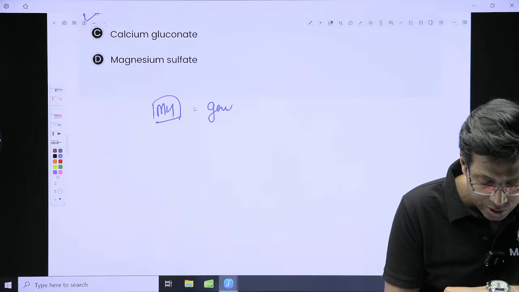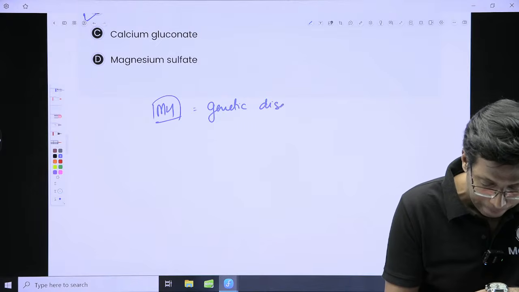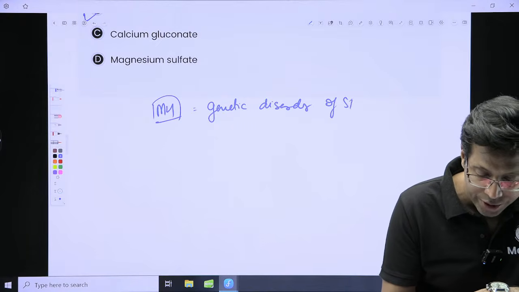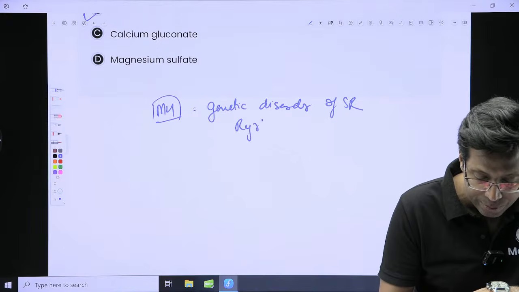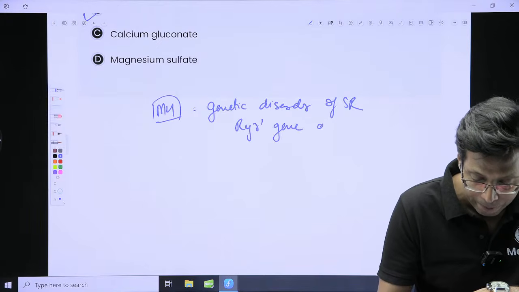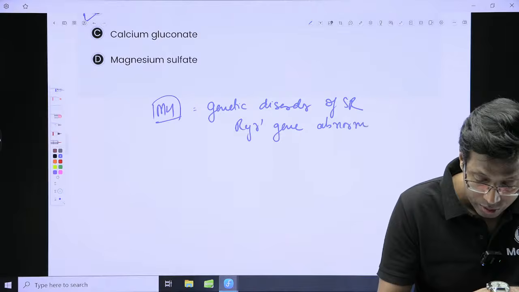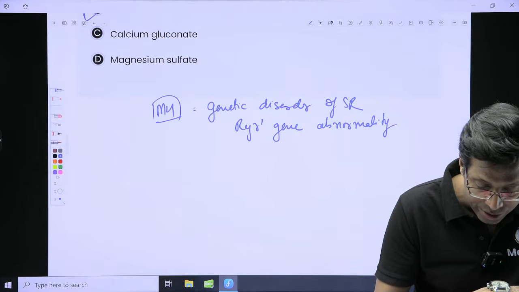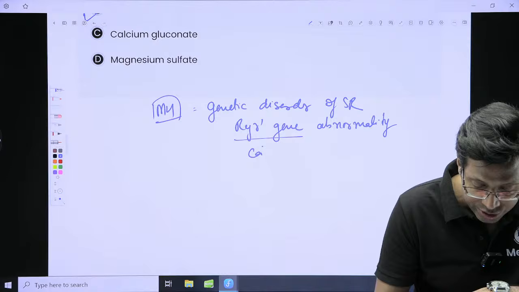It's a genetic disorder of sarcoplasmic reticulum, basically ryanodine receptor gene abnormality. And this ryanodine receptor gene is a calcium release channel.